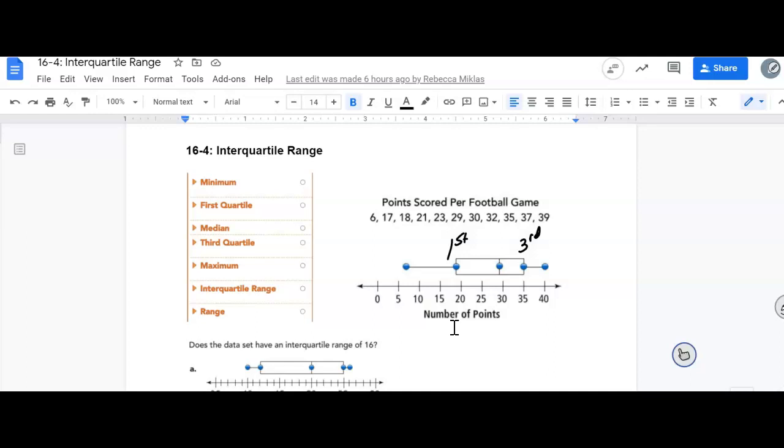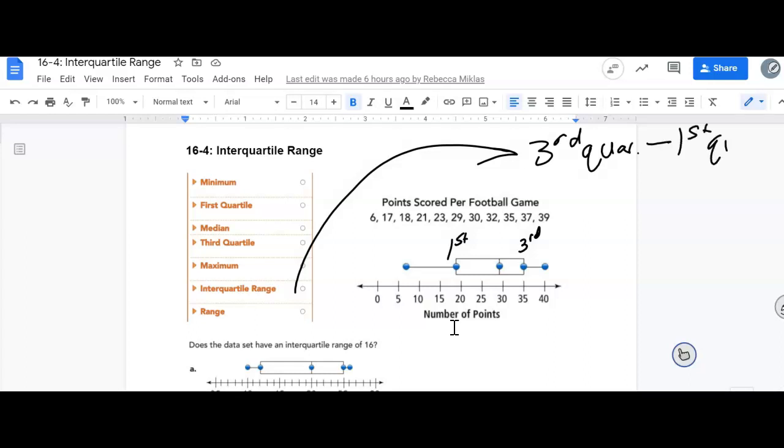So finding the interquartile range is the third quartile minus the first quartile.